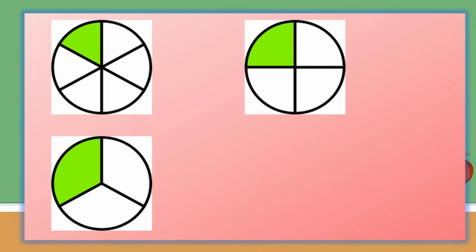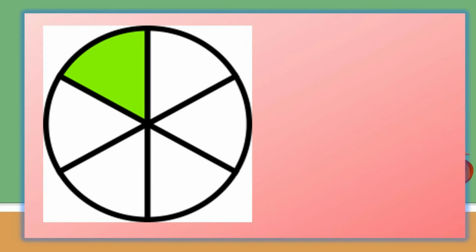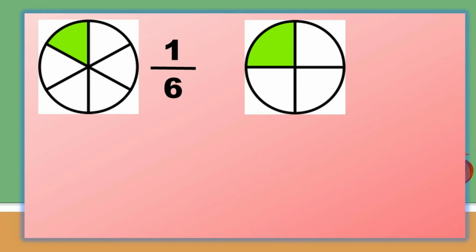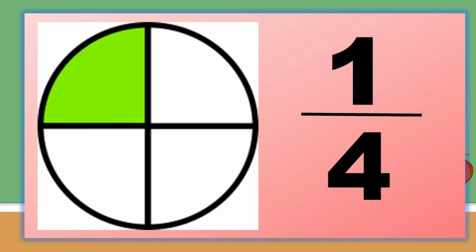These are examples of fractions. Can you give the fraction of the first given? Correct. The fraction of the first given is 1/6. How about the next item? Good job! The fraction of the next item is 1/4.